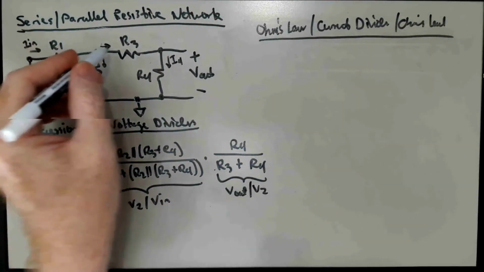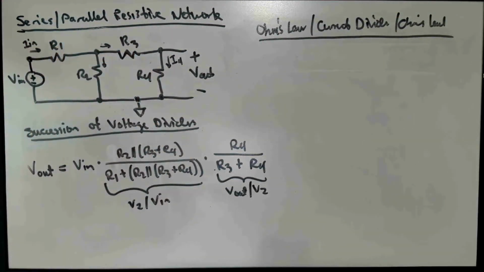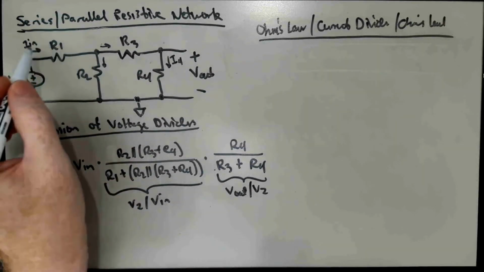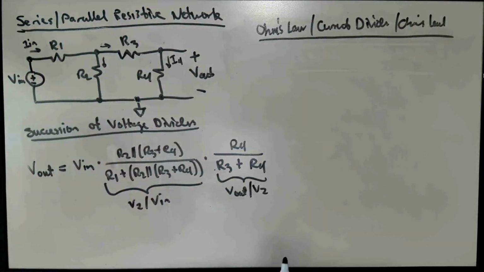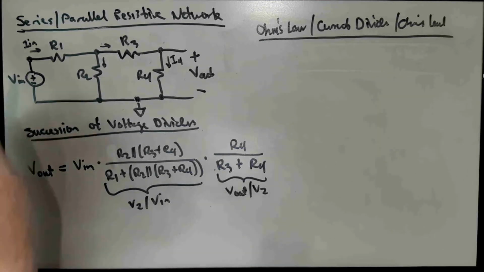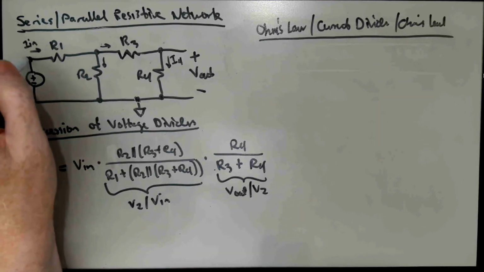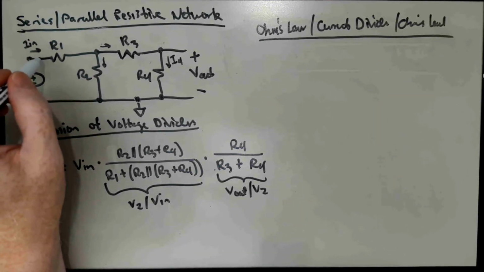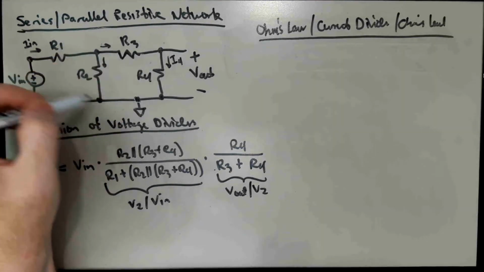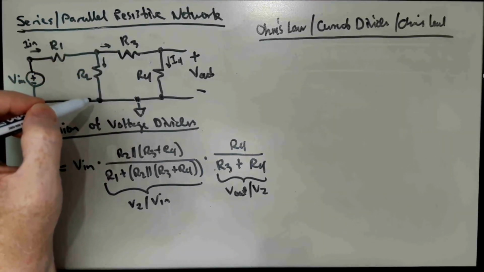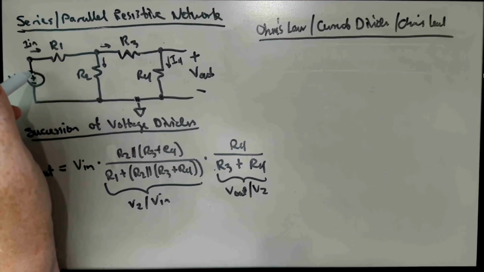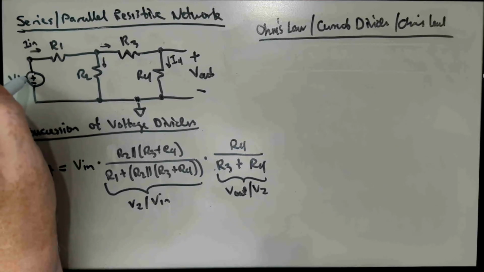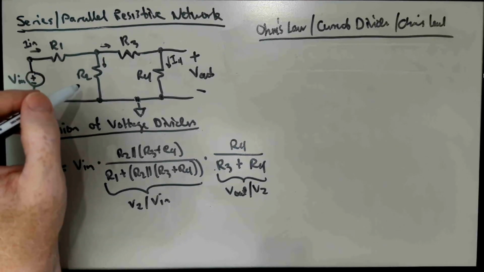And the amount that goes this way is I4. And so I could write that down, knowing I in, as I in times a current divider ratio to get I4. Well, how could I get I in? Well, I can get I in by taking this entire network and collapsing it into a single equivalent resistance, and using Ohm's law to say that I in is just V in divided by that equivalent resistance.